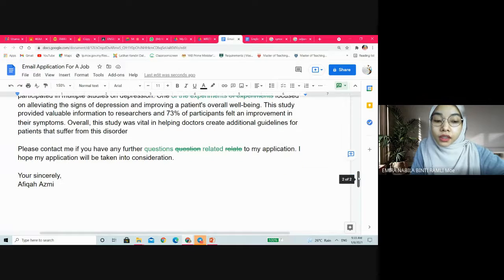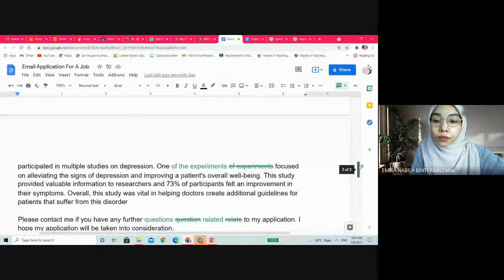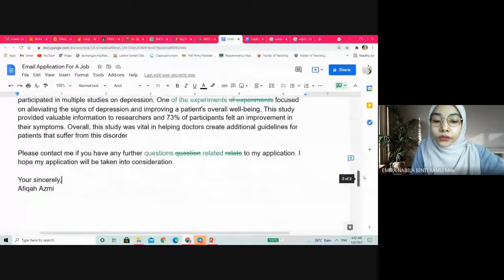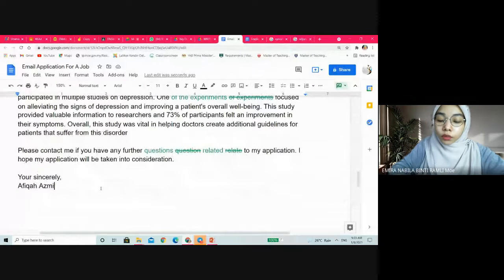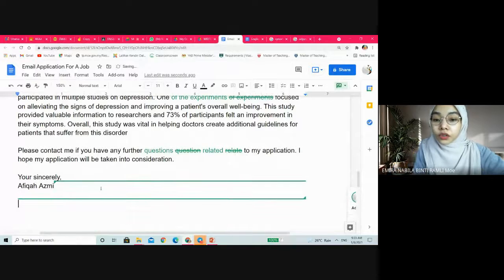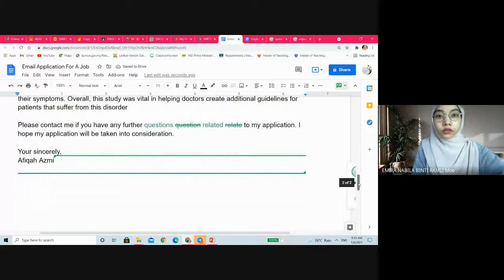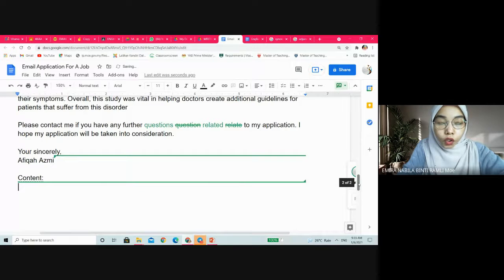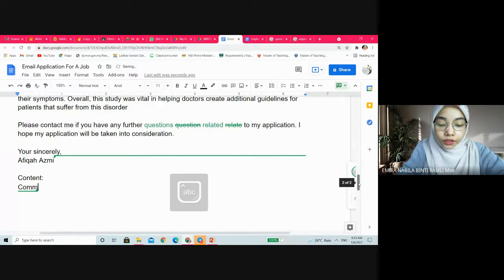So here, what marks do you think Afika Azmi will lose? Who can tell me? Among the 4 marks that she will lose, what will she lose? But of course she's good since she is already able to write. So what marks will be lost? We've got content, and then we've got communicative achievement just now.